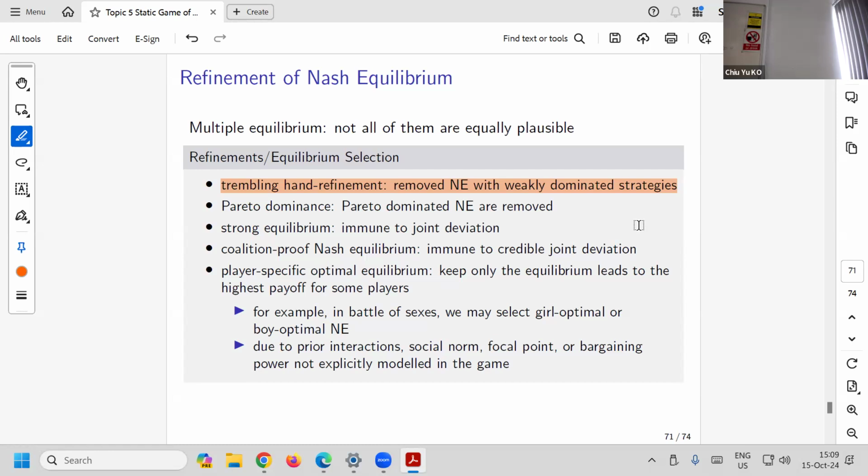Or in terms of firms, you may say upstream optimal equilibrium, or downstream optimal equilibrium, or firm optimal equilibrium, depending on who you think is stronger. Or a social norm; these things are not modeled, but we can select. Of course, you can say we are allowed to do this because we don't fully model it. We do reduced form modeling. If you actually want to understand it, we should model more. But that is what we have if you want to keep the model simple.